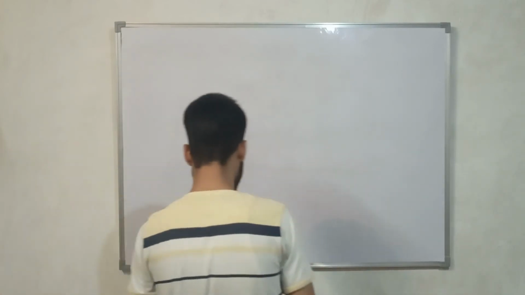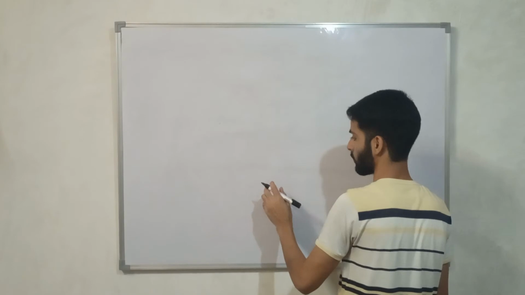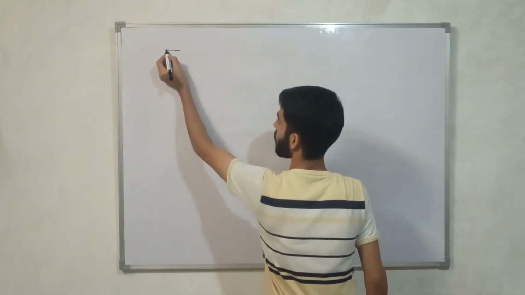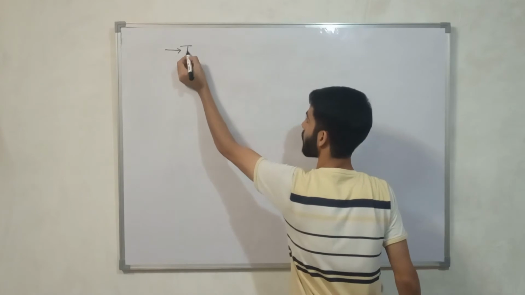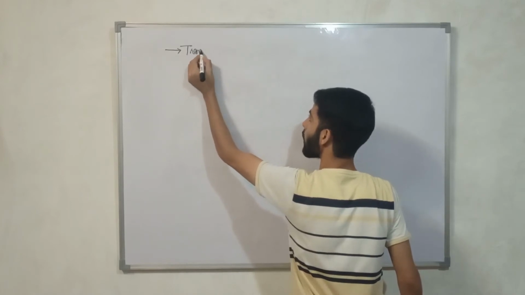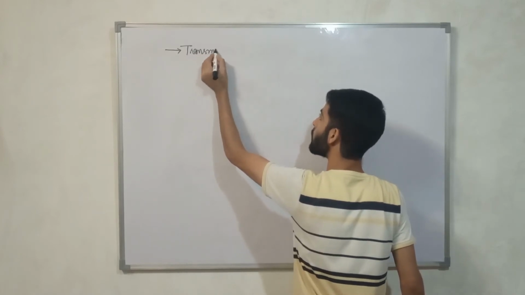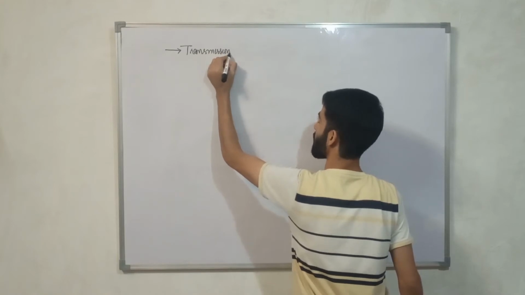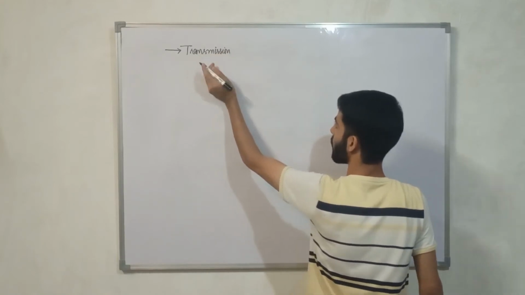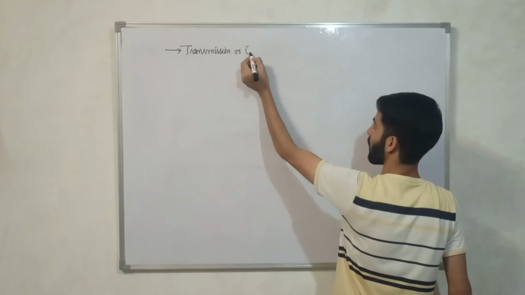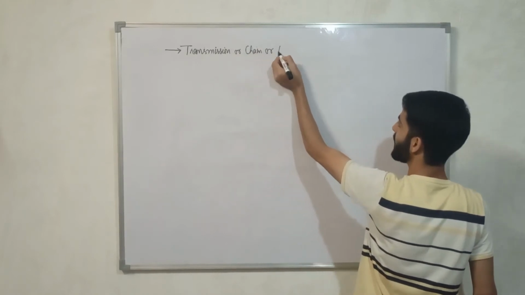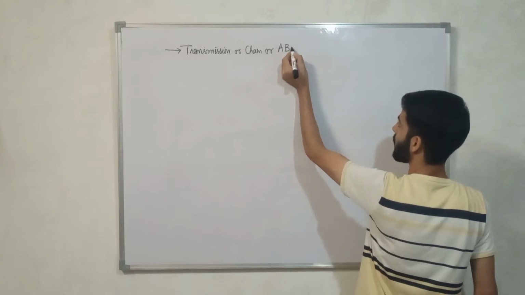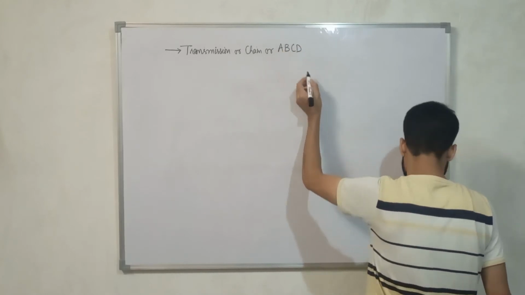Our next parameters are transmission, or chain, or ABCD parameters.